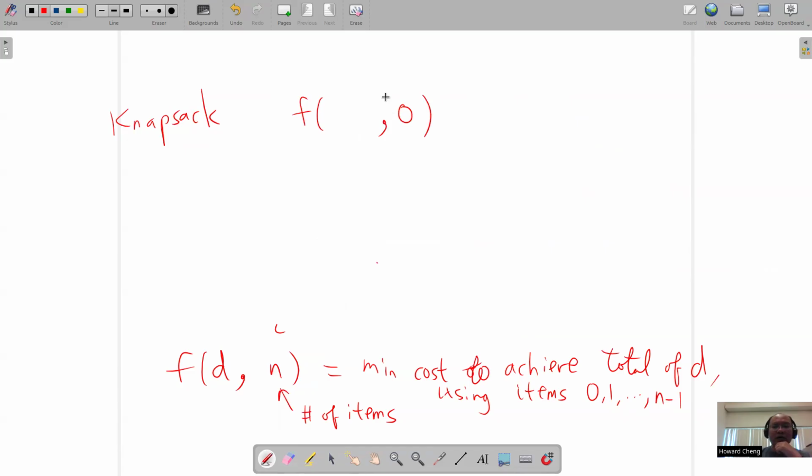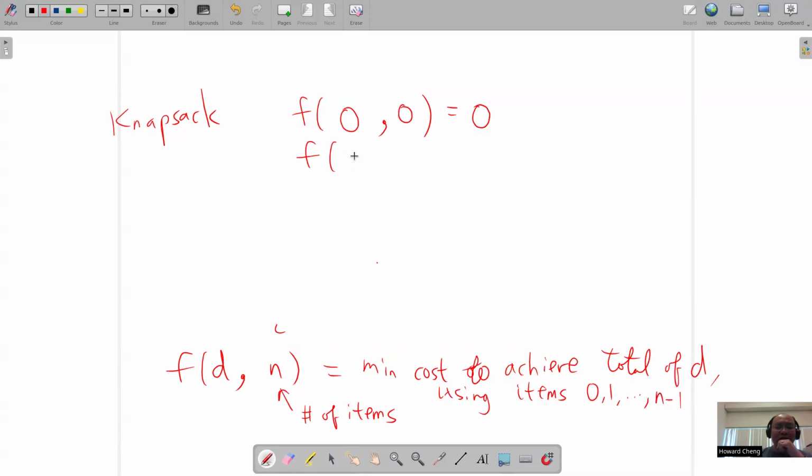So base case, if you're not allowed to use any items, then the cost of making the sum 0 is 0. Okay, so if you're not allowed to use any items, the cost of doing nothing, basically forming a zero sum, is 0. You don't have to do anything.